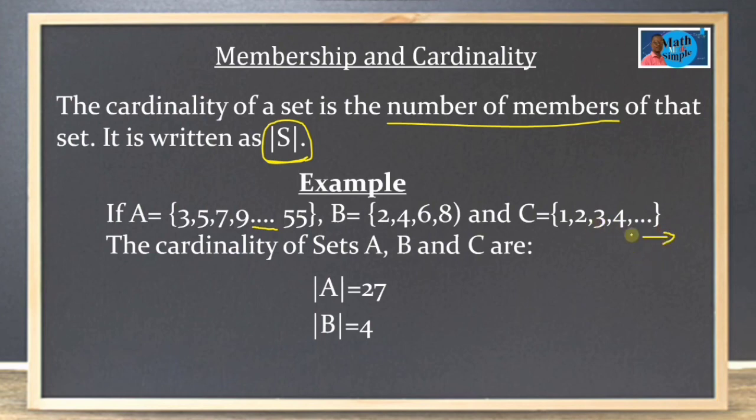So this is infinite. Since this is an infinite set, because it does not have an end, the cardinality will also be infinite. So we say the cardinality of set C is infinite.